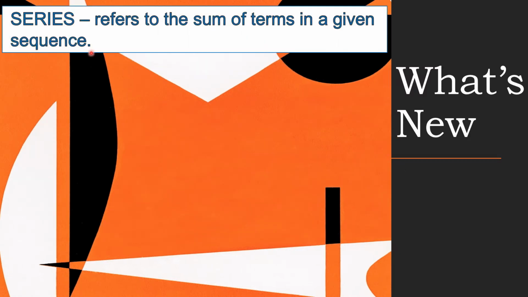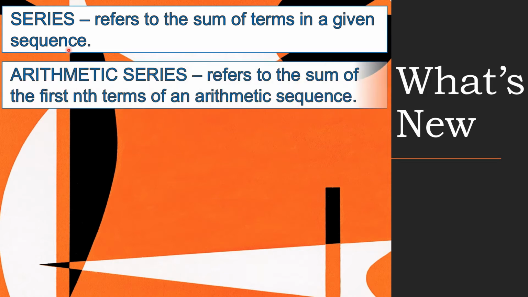So, when we say series, it refers to the sum of terms in a given sequence. Ibig sabihin, kailangan natin kunin yung sum ng lahat ng terms sa isang sequence. So, again, pag series, i-add mo na lahat ng terms sa isang sequence. And, syempre, pag sinabi nating arithmetic series, dapat ang given na sequence ay arithmetic.